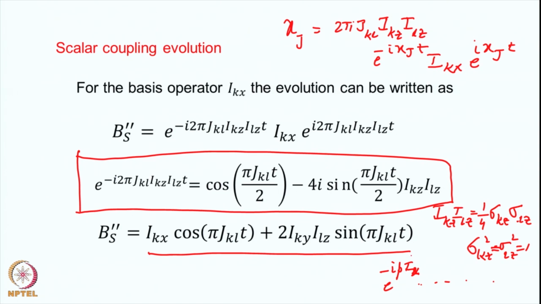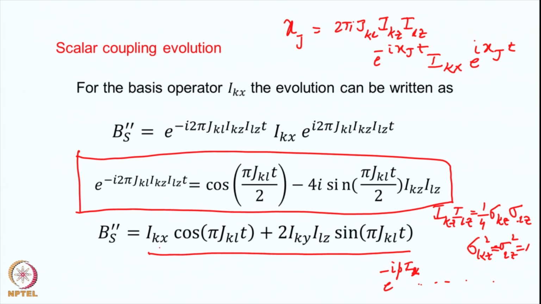You notice here that Ikx has evolved into an in phase Ikx term, and it has generated what we may call an antiphase term. It is the K magnetization which is antiphase with respect to the spin L. You remember earlier we have discussed what these individual basis operators represent.